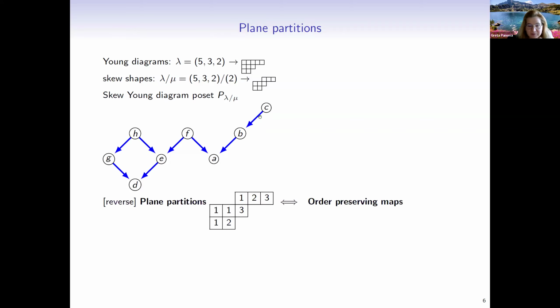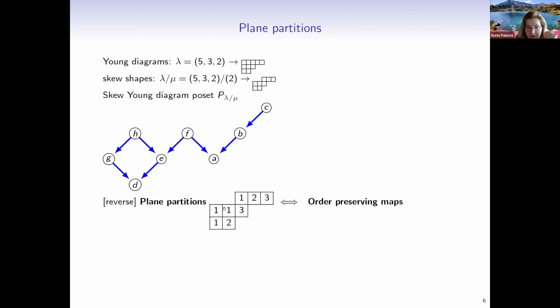And then a plane partition, and I'm going to do reverse plane partitions for what we're going to do, though it doesn't really matter, is an assignment of the numbers 1, 2, 3, whatever to these boxes so that they are weakly increasing along rows and weakly increasing down columns.